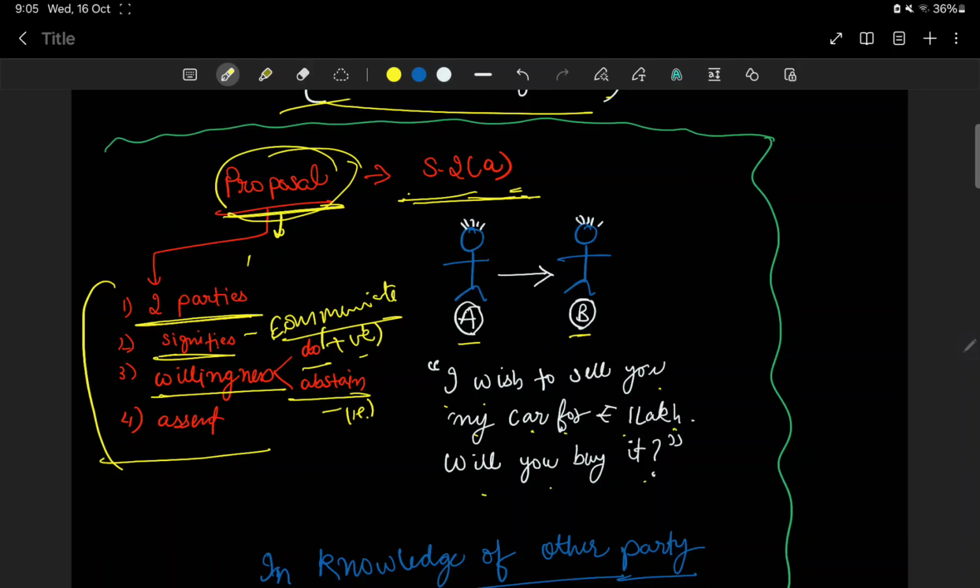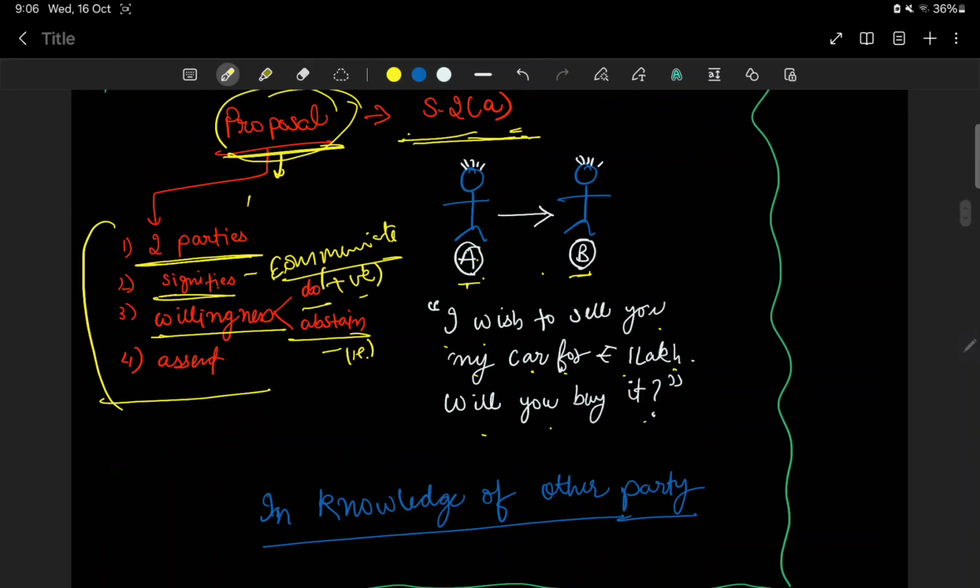Will you buy it? ये जो person A है, ये B को कहता है कि I want to sell you my car for 1 lakh rupees. Are you interested in buying the car? ठीक है. Now what is he doing? He is signifying, he is communicating his willingness to sell his car, right? ये अपनी जो इच्छा है अपनी कार बेचने की वो व्यक्त कर रहा है B को, and for a price of 1 lakh rupees. So person A is making a proposal.